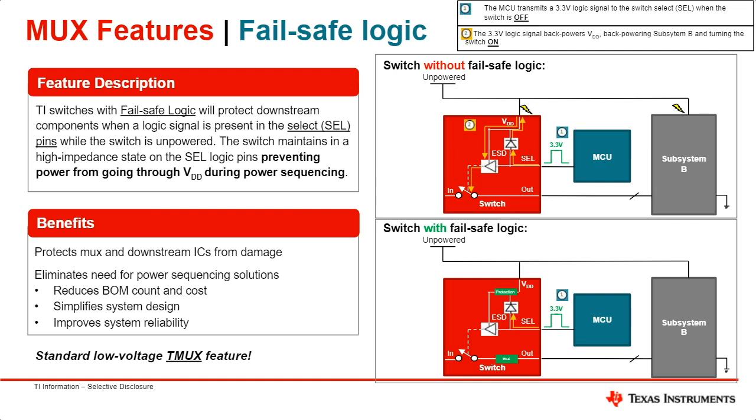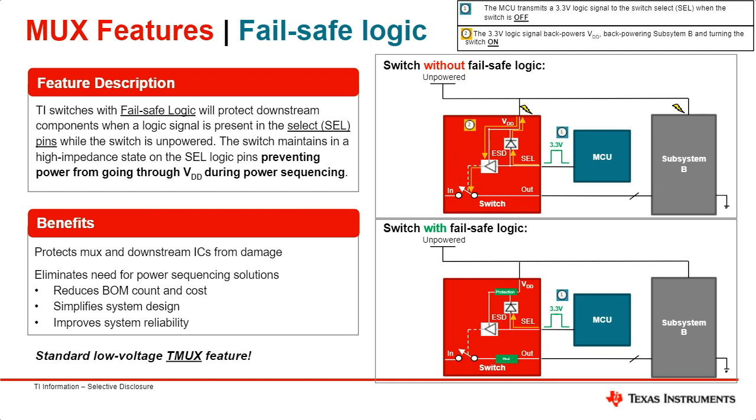It can cause either damage to downstream components, as shown here to subsystem B, or it can power up the device, which can cause some unintentional signals in your system. So having a switch with fail-safe logic prevents these issues.